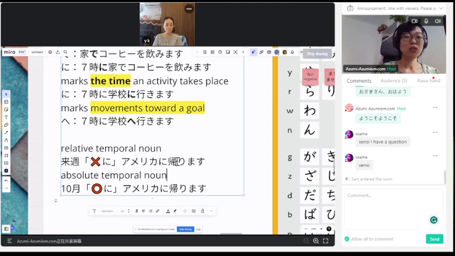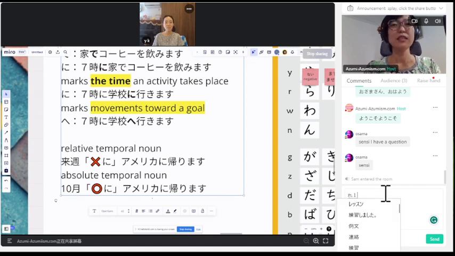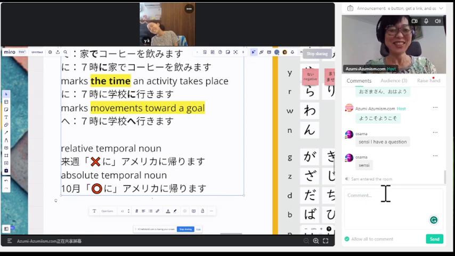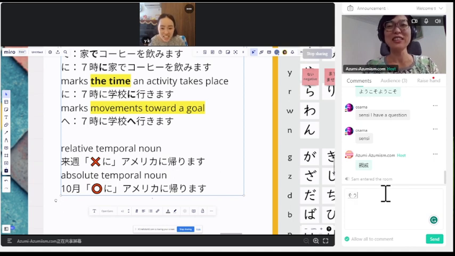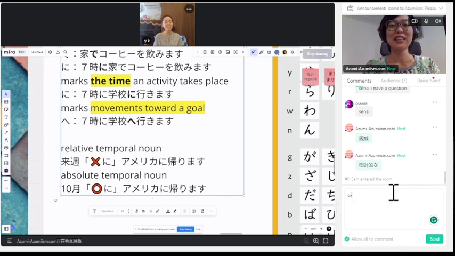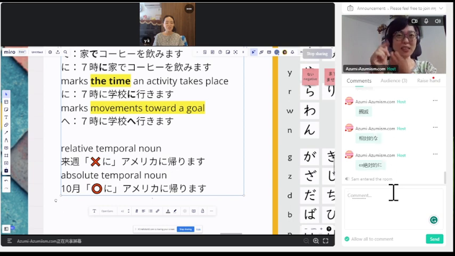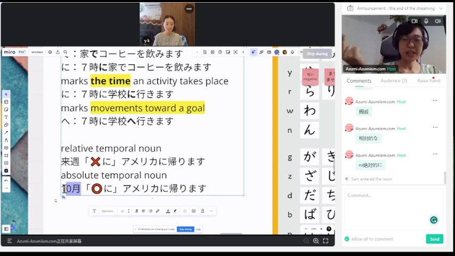So 来週 is in the group of relative temporal nouns, versus 10月, which is a member of the absolute temporal nouns group. Relative, what is it? Relative means 親戚, relatives. It's funny, but relative here is an adjective meaning 相対的な. Now you understand absolute. What is it in Japanese? 絶対的. Yes. 10月 just marks this exact month of the year, and you cannot move it.